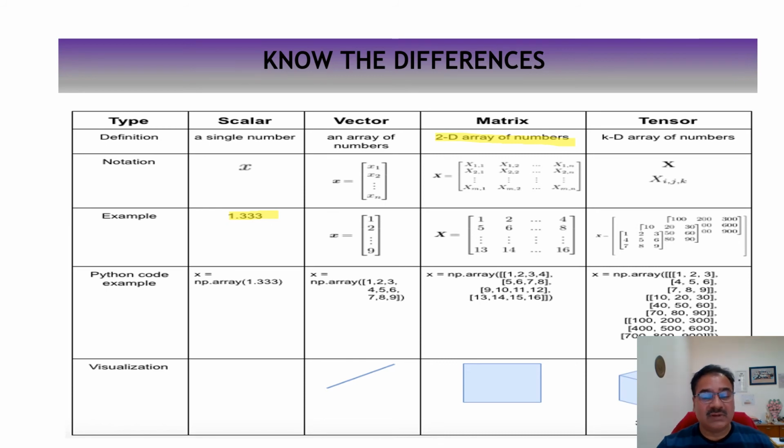This knowledge may also be expressed in Python code examples. Those students who are working in computer science know this in a better way, and if they want to develop their knowledge, they have to learn about tensor analysis. Then for visualization, this is a vector, this is the rectangular one, and this is the 3D figure.